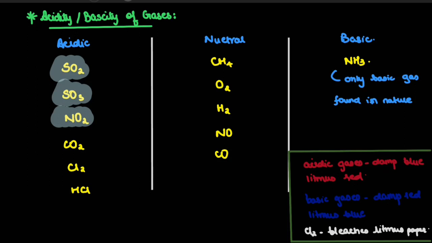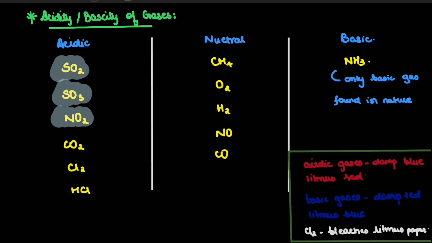All right. Now there's a key thing to remember, and it's that when I say acidic, what is actually its test? If I expose these gases to, let's say, a damp blue litmus paper, then for acidic gases it will turn red. That's a key thing to remember.